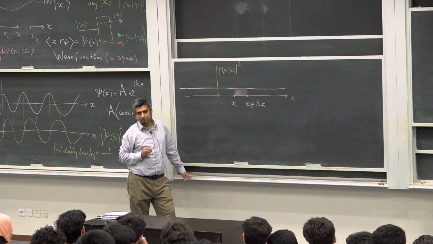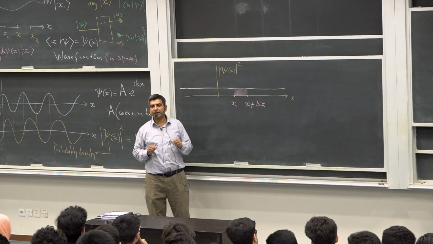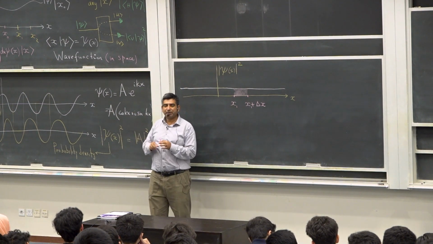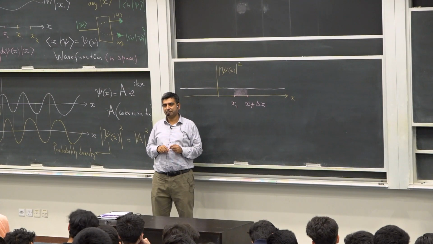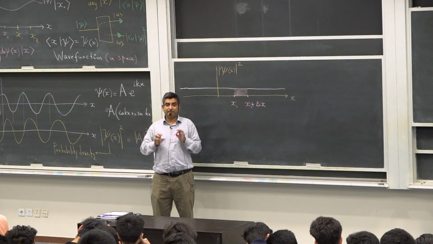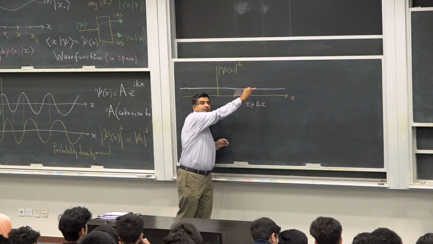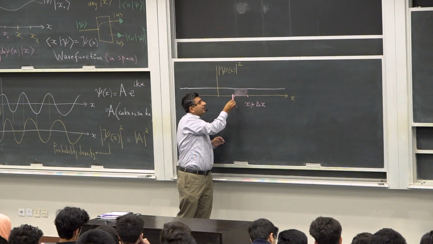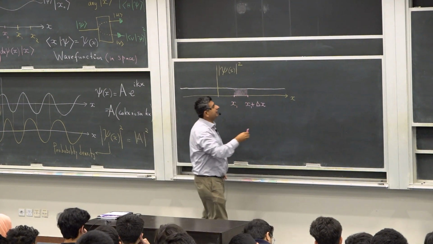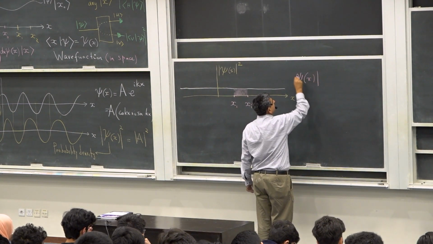Okay? So if I want to find a probability of locating the particle whose function is this between 2 points in space, then that probability is going to be equal to the area under this curve, which is the psi square curve between these 2 points. So it's really going to be equal to psi x mod square.